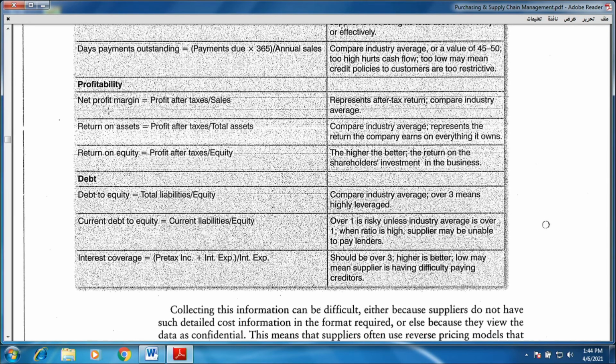We need to talk about real money that comes as income, as real profit for the organization. So we have net profit margin, which is profit after tax divided by sales. Return on assets is return divided by assets. Return on equity is return divided by equity. Return on investment is return divided by investment.